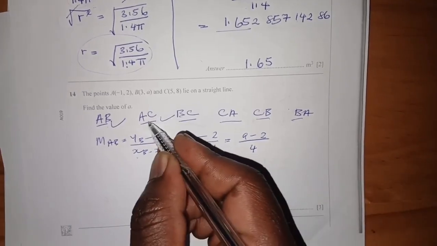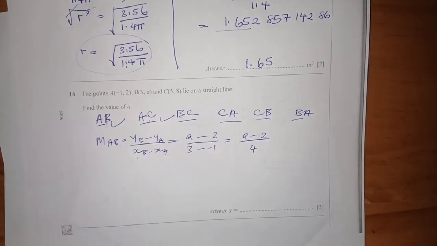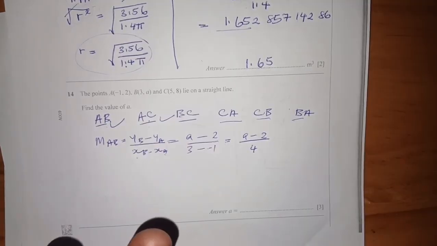Now let's find the gradient of AC because it doesn't have a B, so we won't have an unknown there.